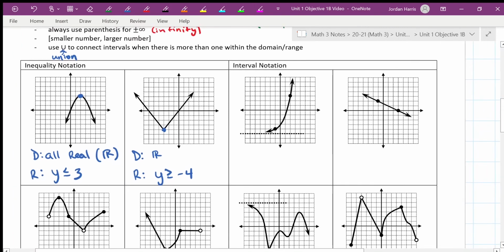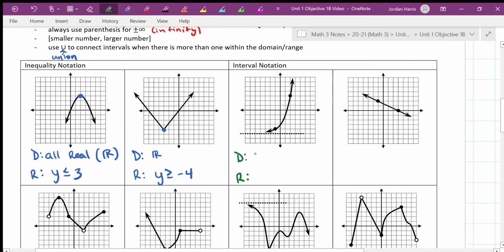Okay, now the next two we'll do in interval notation. Okay, so in interval notation, we have an asymptote here. So remember, we can't cross that. So this graph will never go below that value. But it is pointing to the left. So it's going to the left forever.